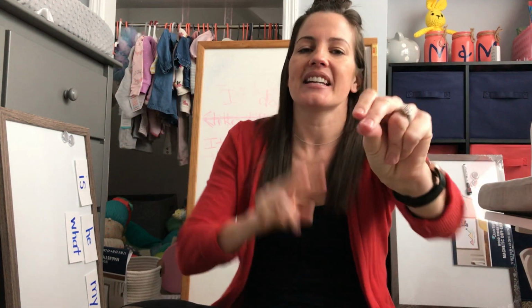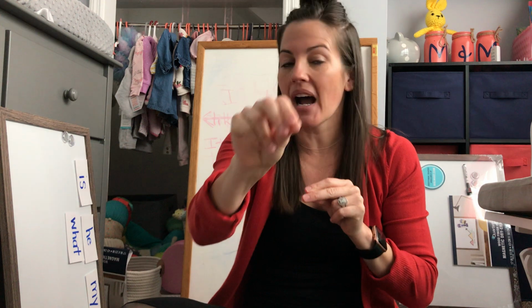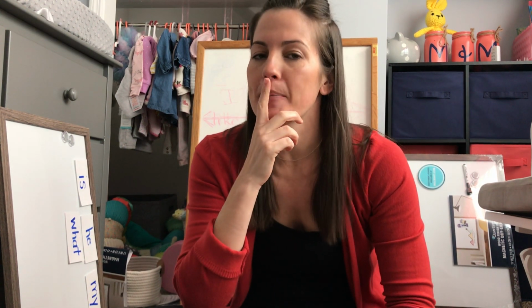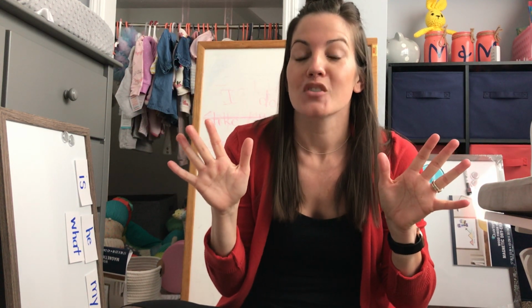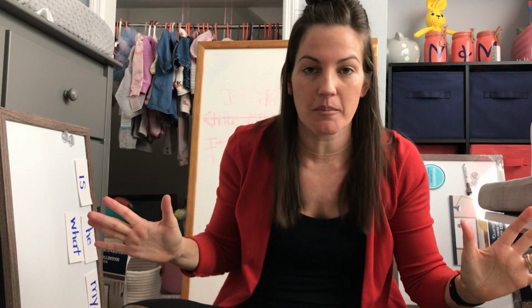Now, main topic and key details. It's been a while since we've done this, but you're a pro. So what is main topic? Think, think, think. You can tell it to somebody, or you can just think it in your brain. When I go like that, it should make my brain remember. So main topic is what the story is all about, or what the text is all about.